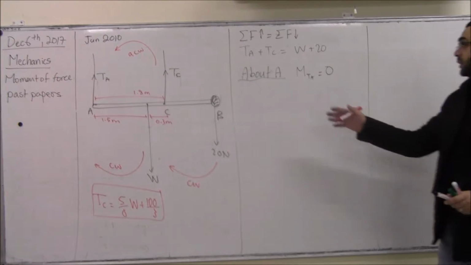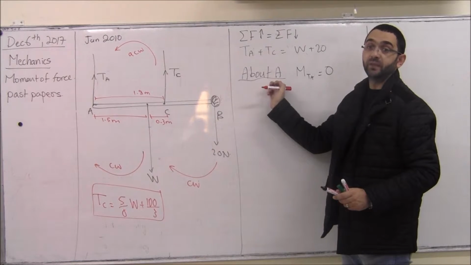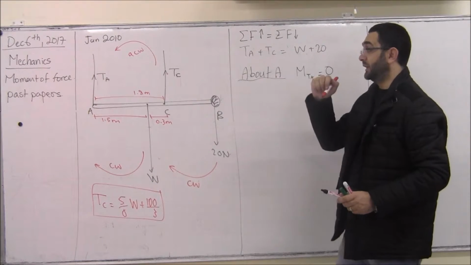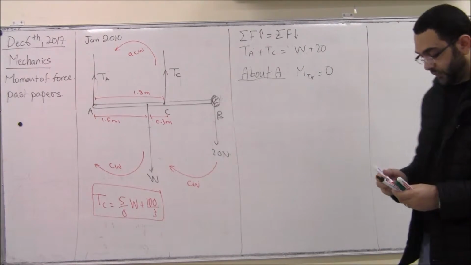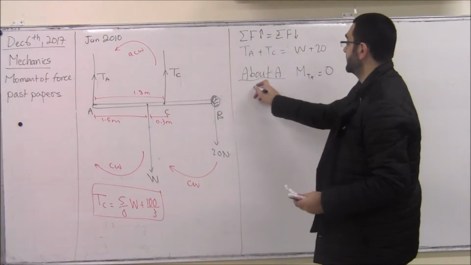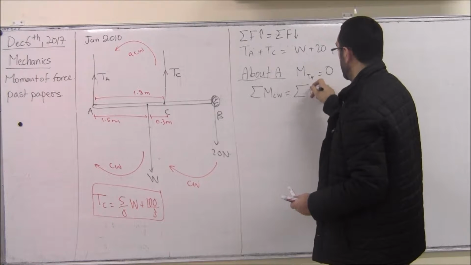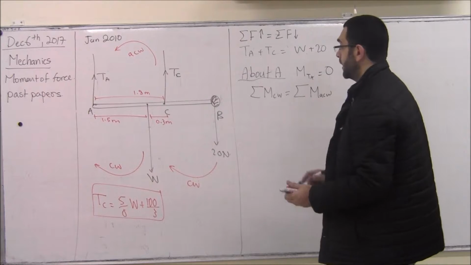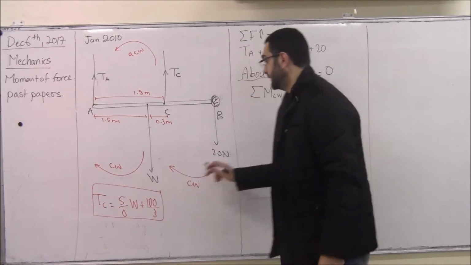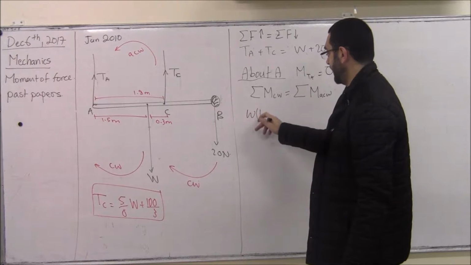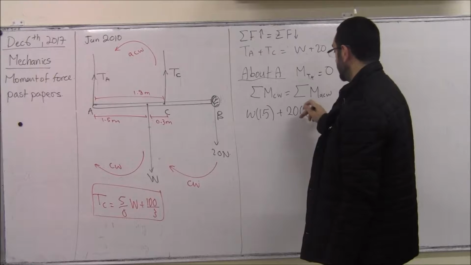If I took the moments about A, I will exclude TA from the calculation. So sum of moments clockwise equals sum of moments anti-clockwise. Clockwise moments we have W times 1.5 plus 20 times 3.